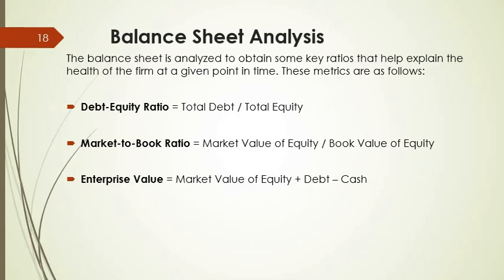Then comes enterprise value, which we get by market value of equity plus debt minus cash. The enterprise value of the firm shows the underlying value of the business. It reflects the true value of the firm's assets, not including any cash or cash equivalents, and you can say it is unencumbered by the debt the firm carries.